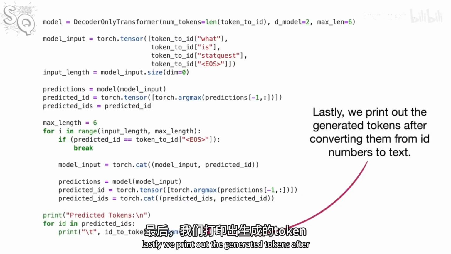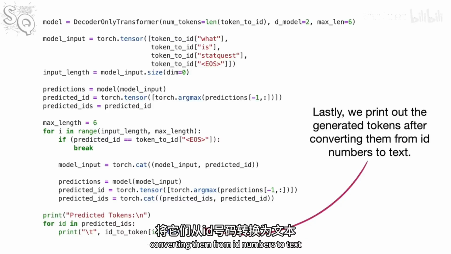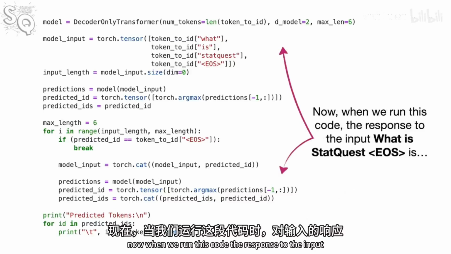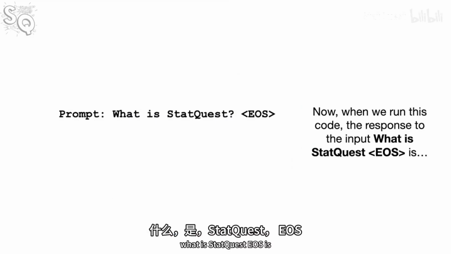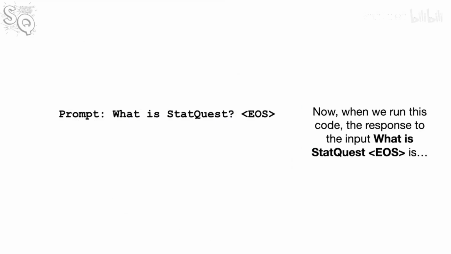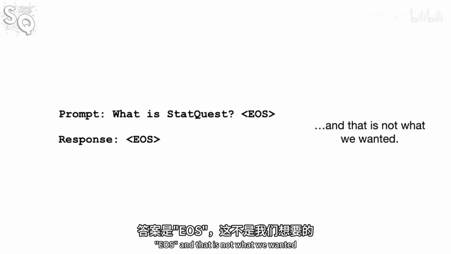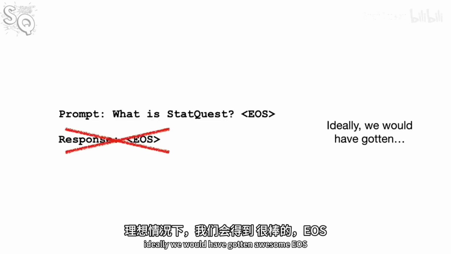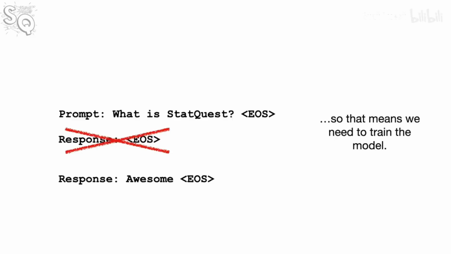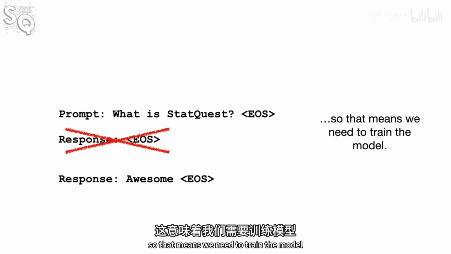Lastly, we print out the generated tokens after converting them from ID numbers to text. Now, when we run this code, the response to the input, "what is StatQuest EOS", is EOS. And that is not what we wanted. Ideally, we would have gotten "awesome EOS". So that means we need to train the model.